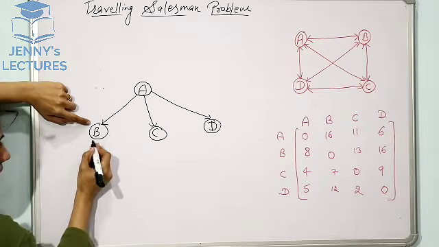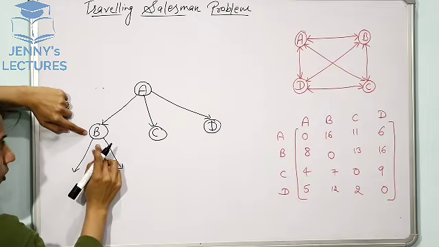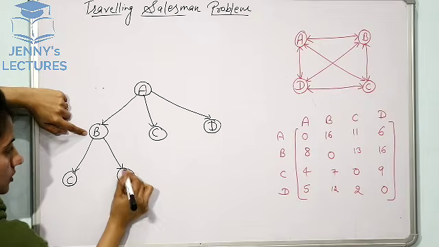Now after B, how many choices does he have? From B, he can go to C or D, 2 choices.